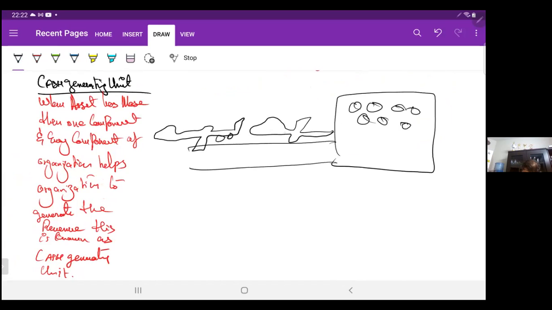You know, can you think that without any of the components these flights can operate, without the runways or the airport building or the plane? So these are the small number of components like plane, airport building, the runways and any other component of it. Without it they can't operate, right? So this is known as cash generating unit.